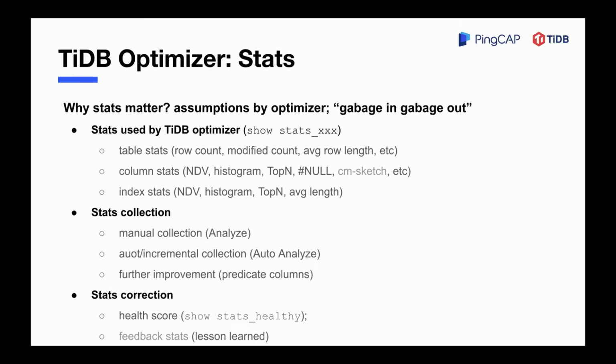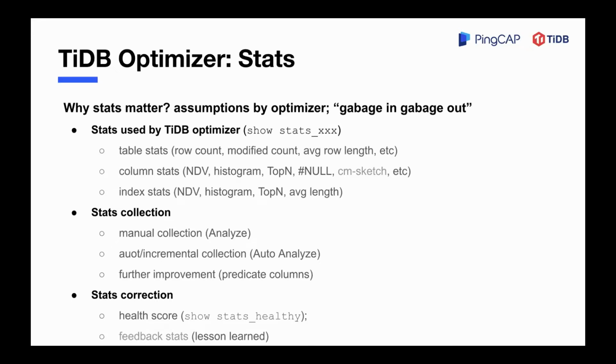For example, if a user specifies the predicate columns option in the analyze command, then we automatically check the workload to find which columns we need to collect stats on, instead of collecting everything. That can save a huge amount of resources and time. That's one important improvement we are making.